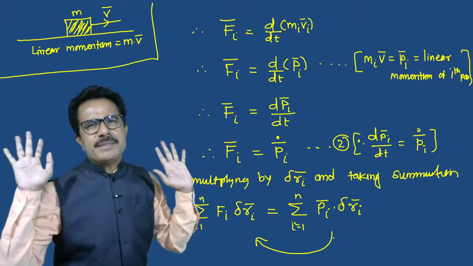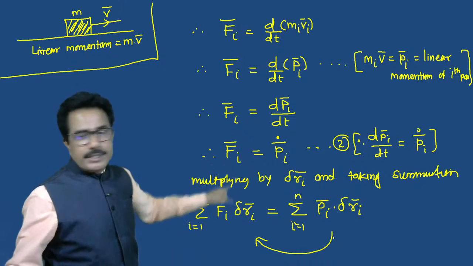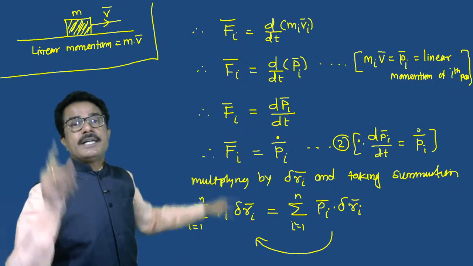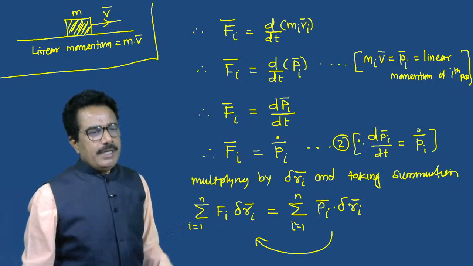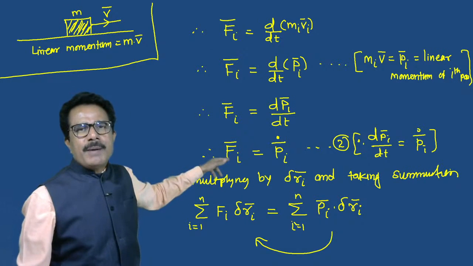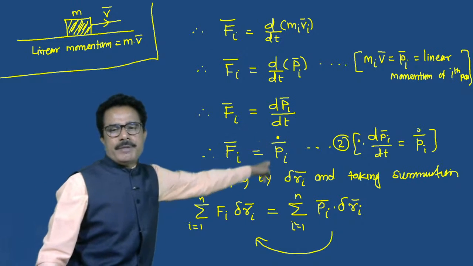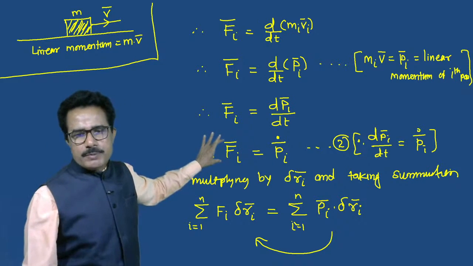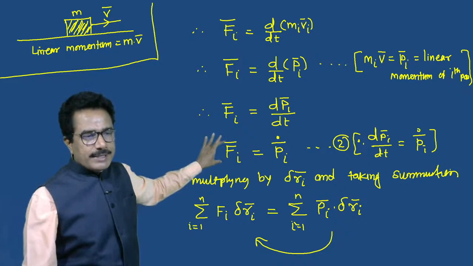This is the simple relation, and by using this simple relation we can define D'Alembert's principle. Now this is D'Alembert's principle only for the ith particle. This is the satisfaction of D'Alembert's principle on the ith particle.